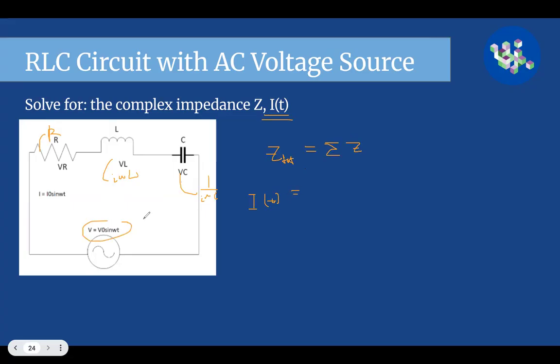It's a sinusoidal voltage, V0 sine omega t, divided by your total complex impedance. And that's how you solve this problem. We'll leave it as homework for you to wrap your mind around the concepts and figure out the calculations. But this is overall how you do this problem.